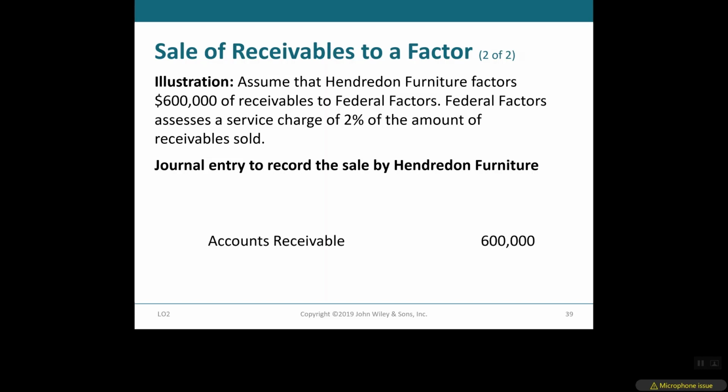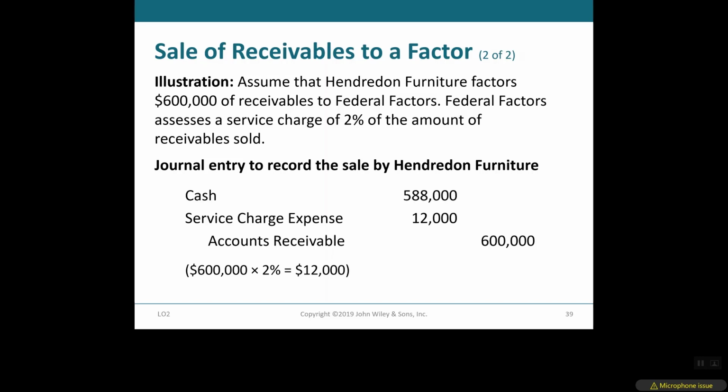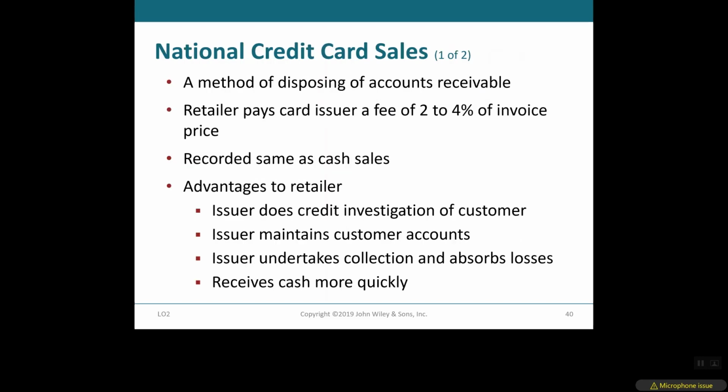This is what it's going to look like. We have a credit to our accounts receivable for 600,000. We have a service charge expense of 12,000, that is the 2% times the 600,000, and then we have cash received of 588,000. Okay.